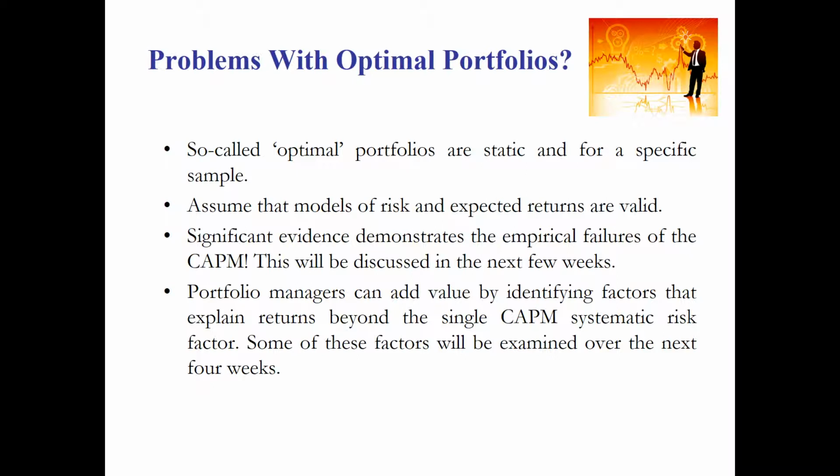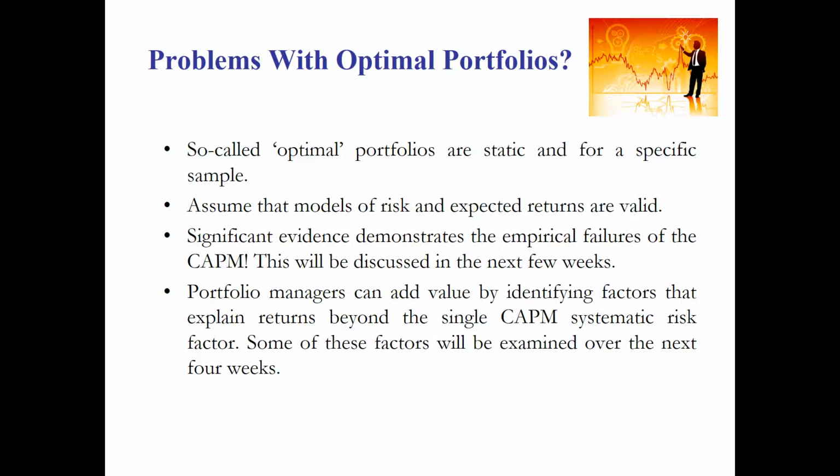The same goes for expected rate of return. We are using the capital asset pricing model to come up with that measure. But there is a whole lot of empirical evidence that shows us that the CAPM does not fully explain all variation in stock returns. So because of the empirical failing of the CAPM, we know that we are actually using flawed inputs in terms of expected return calculation.